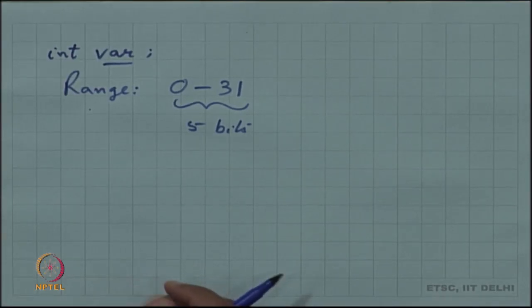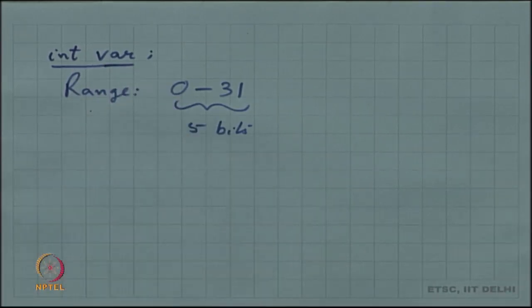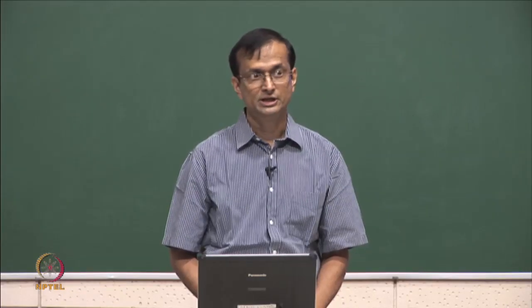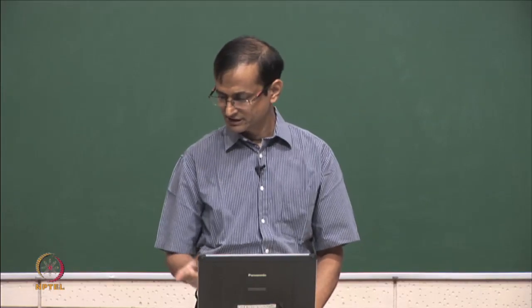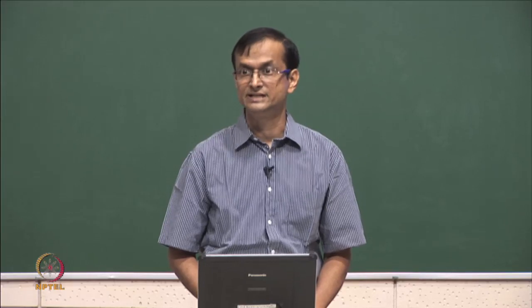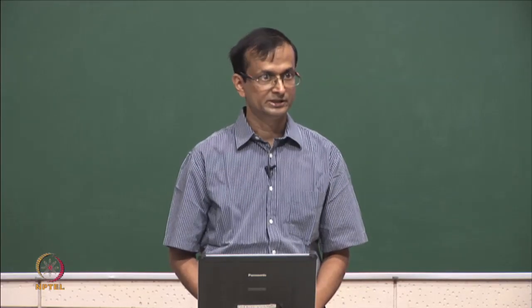As opposed to this, if I had just left it in a programming language saying int var, what would the inference be of storage? Actually, we do not necessarily indicate that, we just say integer, but programming languages make certain assumptions about the width of that integer.